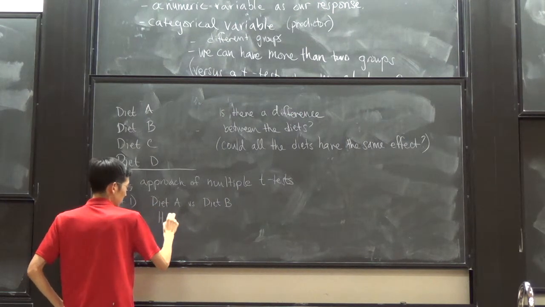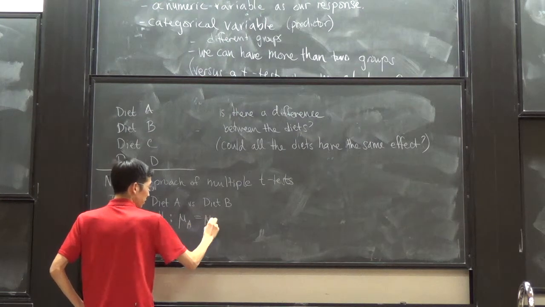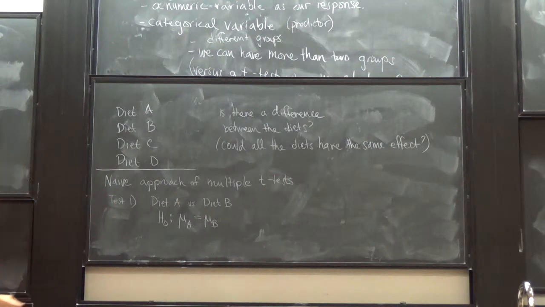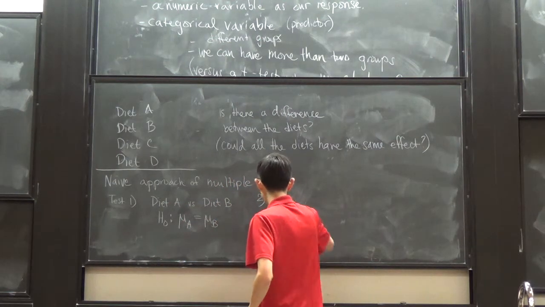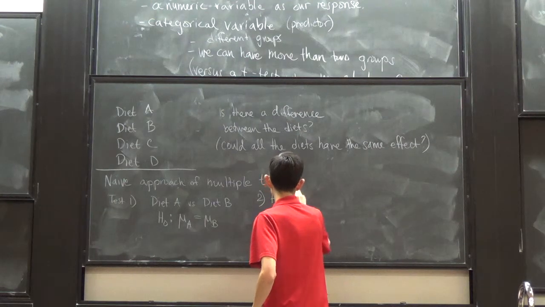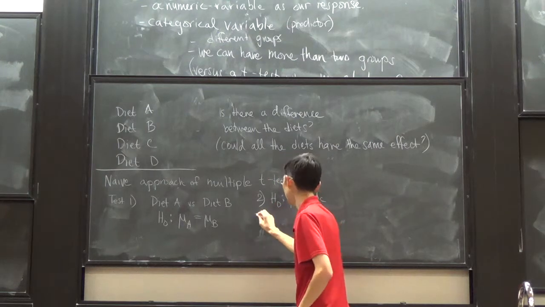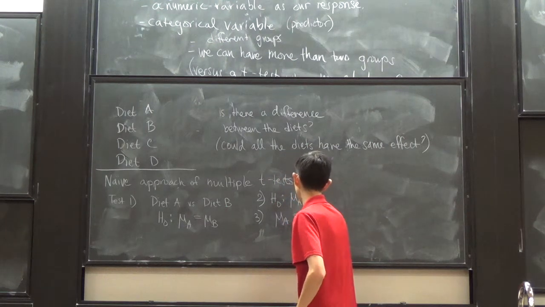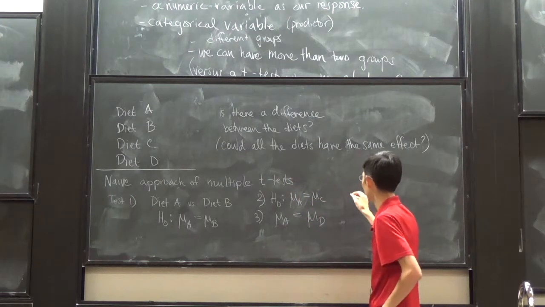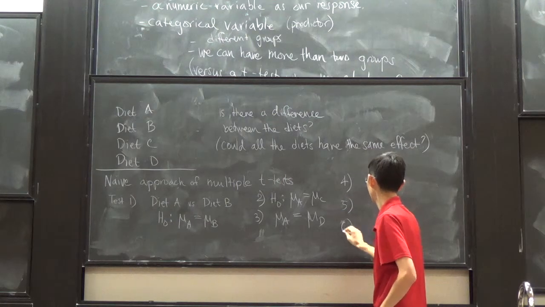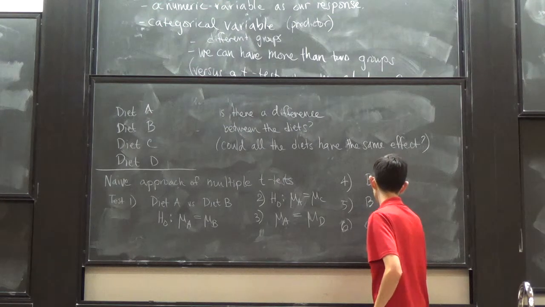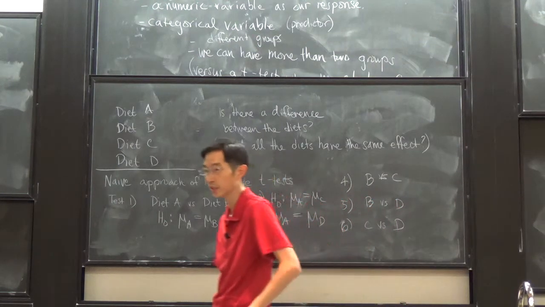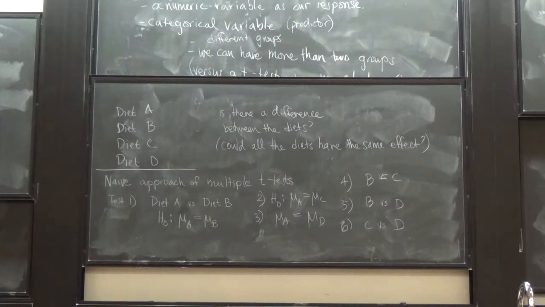Our null hypothesis is that the mean of diet A is equal to the mean of diet B, versus that it's different, etc. And then we could have the other tests: A versus C, A versus D, B versus C, B versus D, and C versus D. I could do 6 different tests to see if there's a difference between any pairs of the 4 diets.